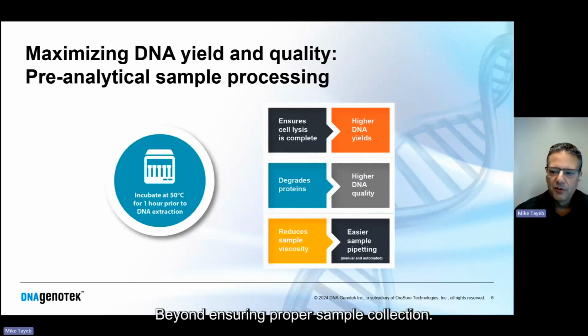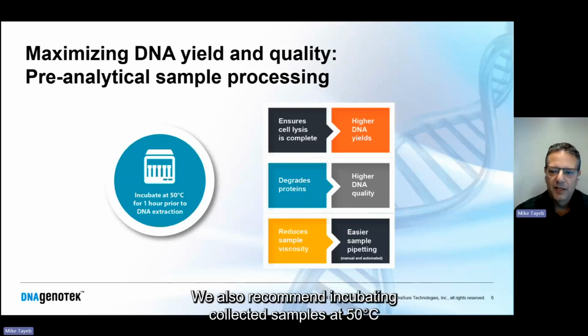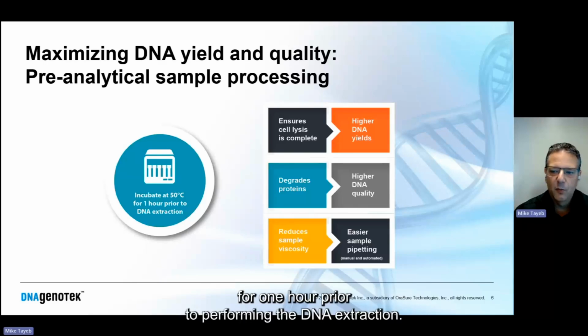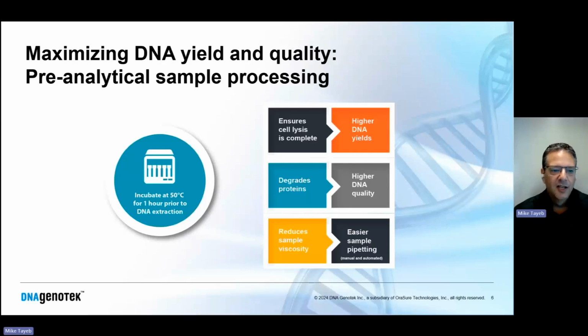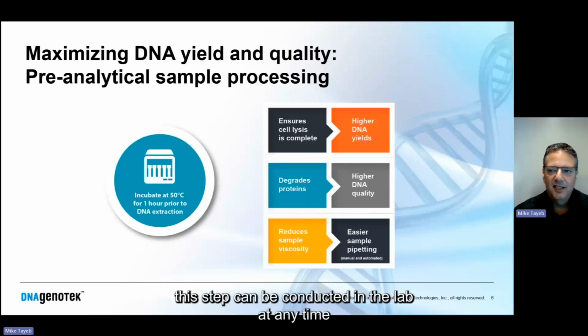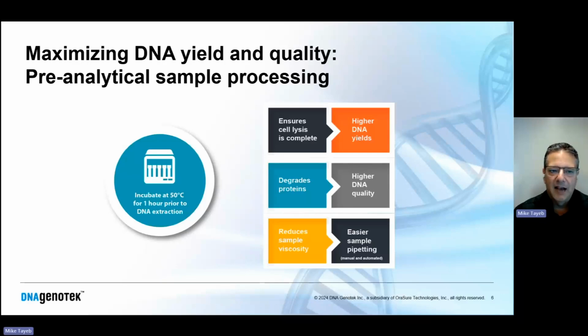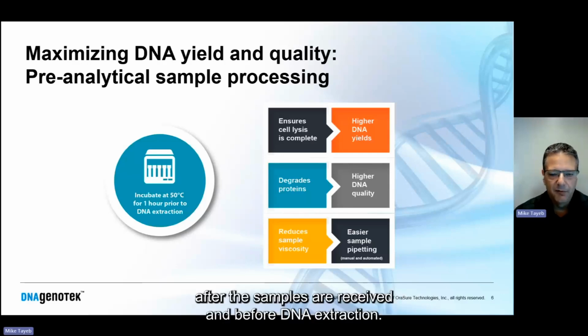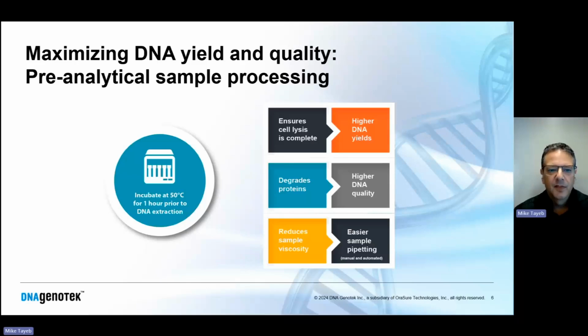Beyond ensuring proper sample collection, we also recommend incubating collected samples at 50 degrees Celsius for 1 hour prior to performing the DNA extraction. This step can be conducted in the lab anytime after the samples are received and before DNA extraction.